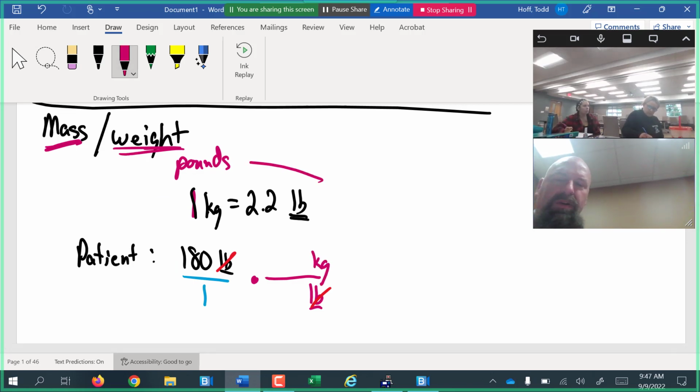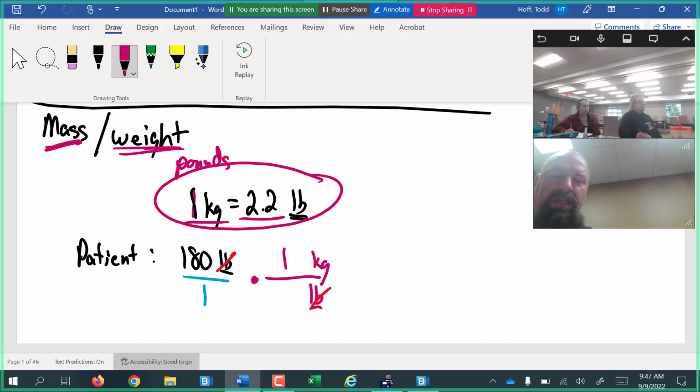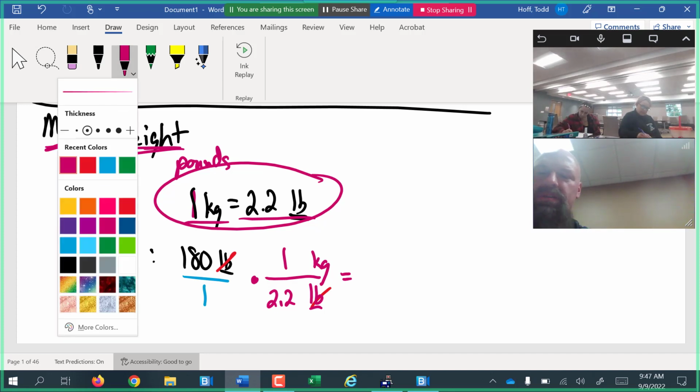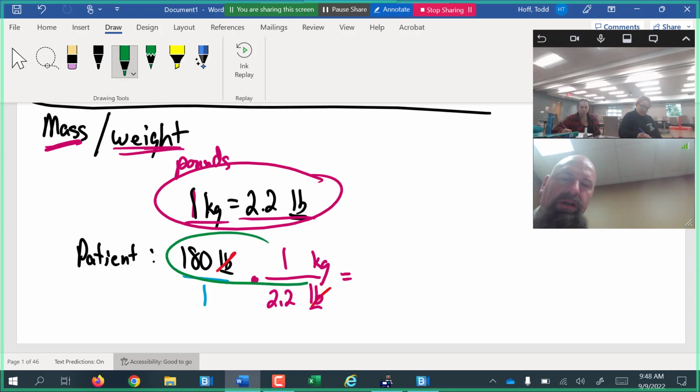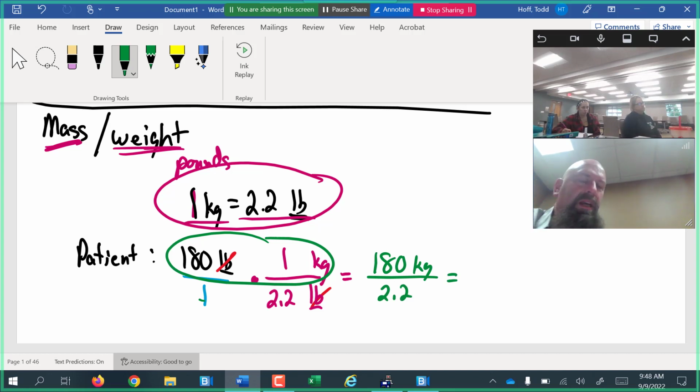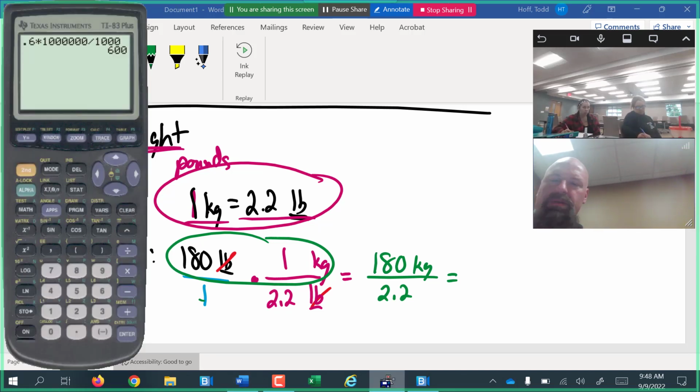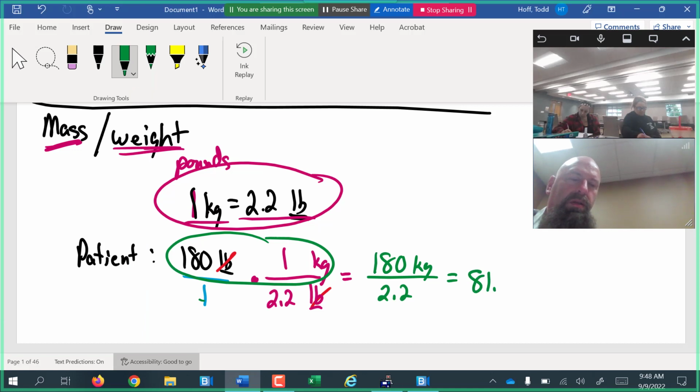And my equivalency is 1 kilogram equals 2.2 pounds. So the pounds have canceled out. Now it's just a matter of multiplying and reducing. 180 times 1 kilogram is 180 kilograms. 1 times 2.2 is 2.2. And then we just have to divide that and reduce it. 180 divided by 2.2 is, oops, my calculator work, 81.82 kilograms.